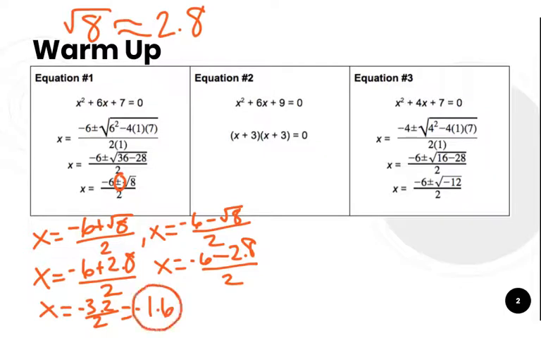So that's one of my roots. And then I have -6 minus 2.8, which is -8.8 divided by 2, which is -4.4. So there's my second root.